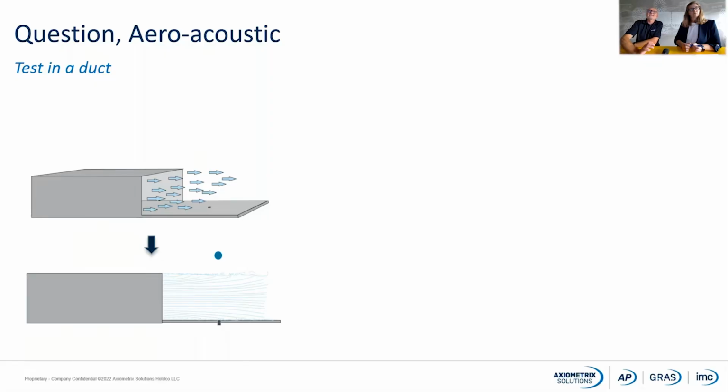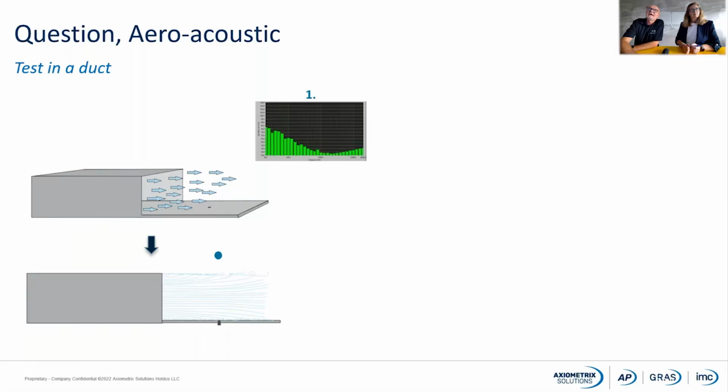So if I place a microphone like I have done here, the blue dot on my slide, then I will measure a sound pressure level in 1/3 octave as indicated here on the picture. This is a measurement out of flow where we are only doing an acoustical pressure measurement.